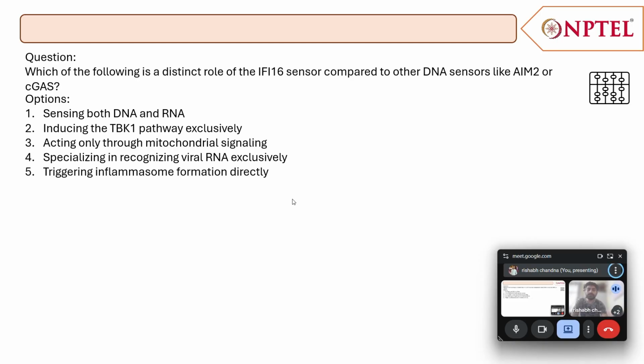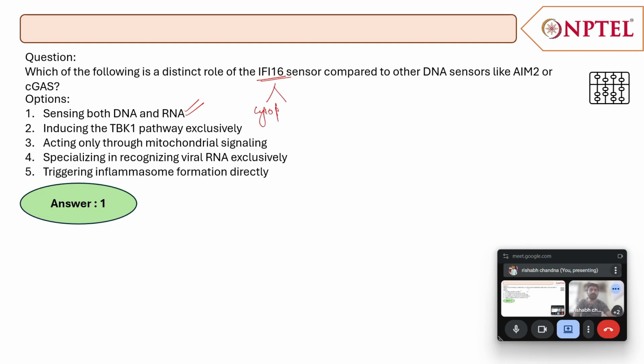So the correct answer is option number one, that it can sense both DNA and RNA as well. Okay, so IFI16 is present in both cytoplasm as well as nucleus, and it can sense both DNA as well as RNA as compared to AIM2 and cGAS.